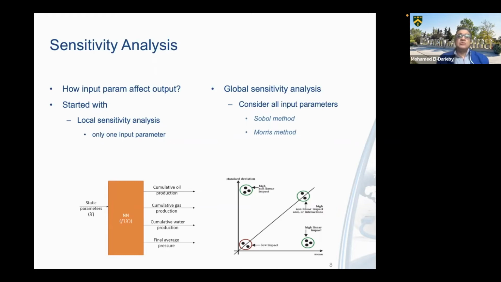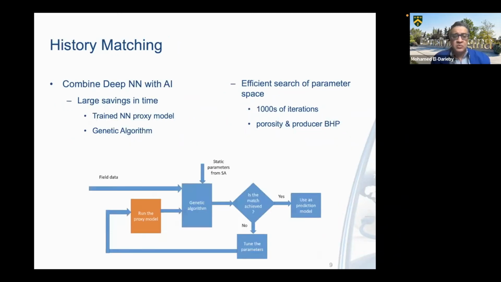Although this is very important, since it tells us how the output is affected by each input parameter, the combination of input parameters is also very important, and this is why we studied global sensitivity analysis, using two very common methods. Again, we were really happy with the results and the speed and accuracy of the neural network.